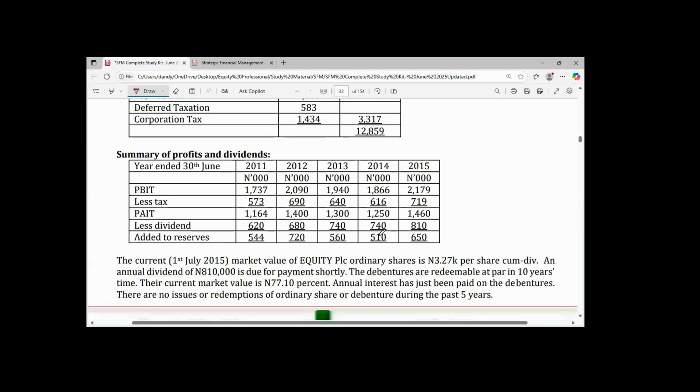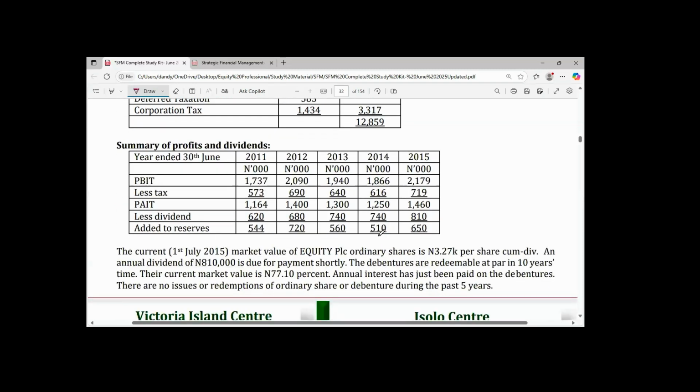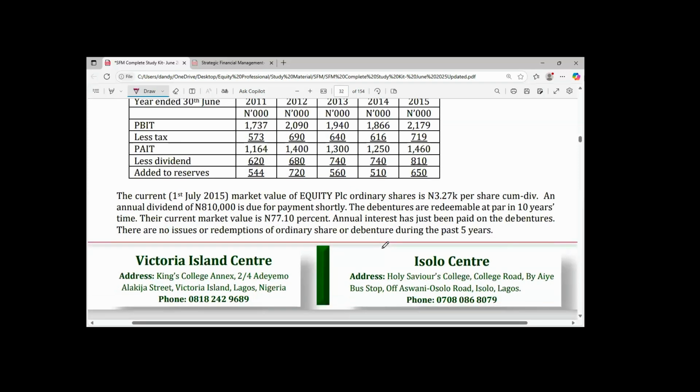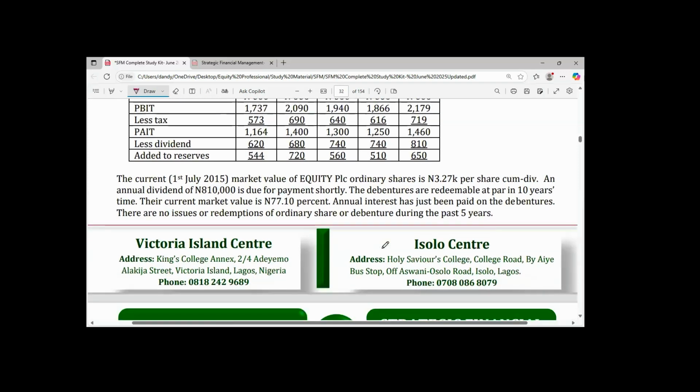Then the current, that's 1st of July 2016, market value of Equity PLC ordinary shares is 3 naira 27 kobo per share cum dividend. An annual dividend of 810,000 naira is due for payment shortly.